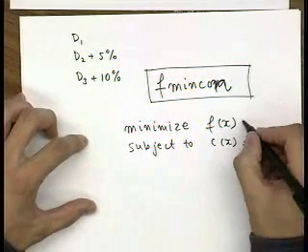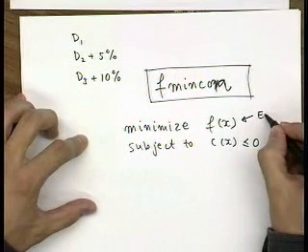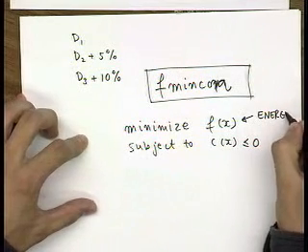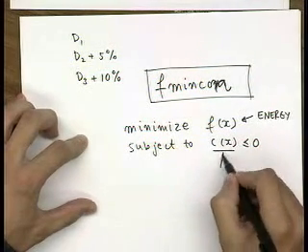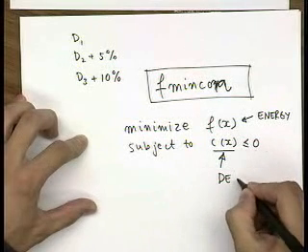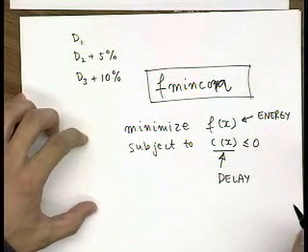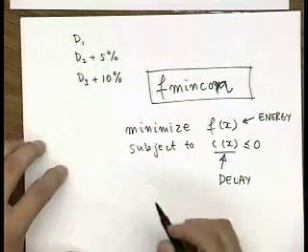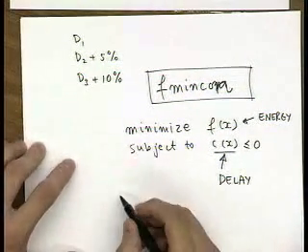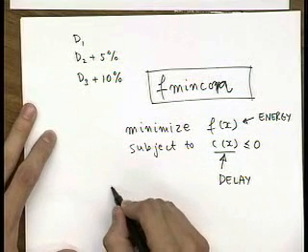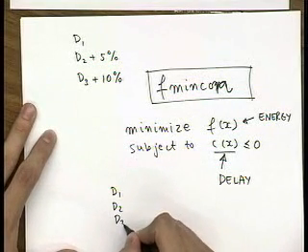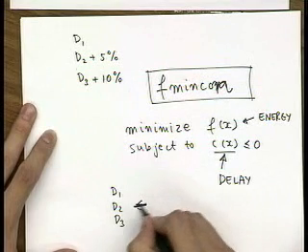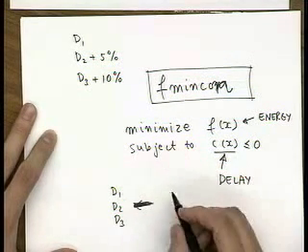In your case, this is going to be energy, and this one will be the delay. Okay? So when you calculate your delay, you're going to have this vector, and say my calculated delay d1, d2, d3 has to be less than or equal to d1 star, d2 star, d3 star, because it has to be in this form.